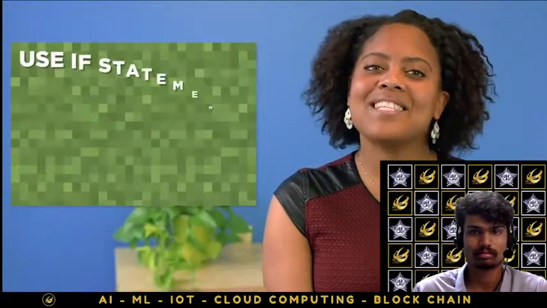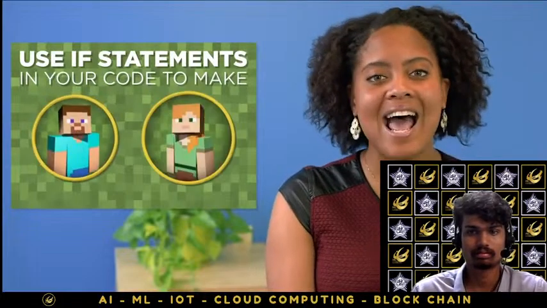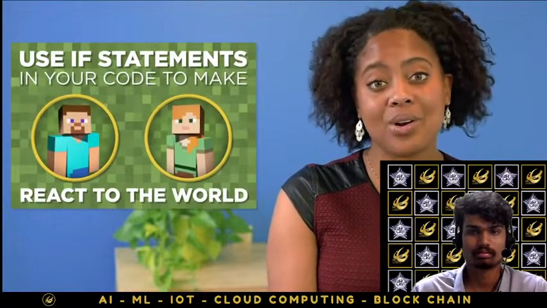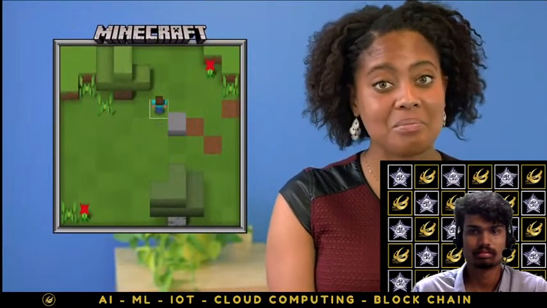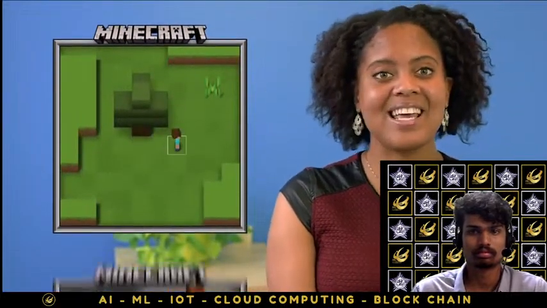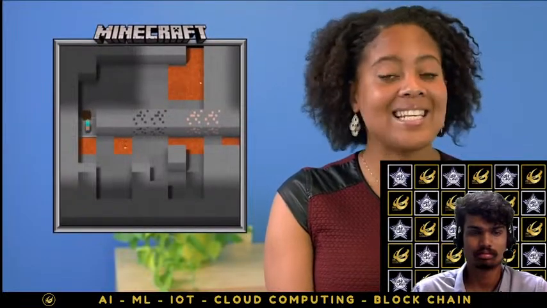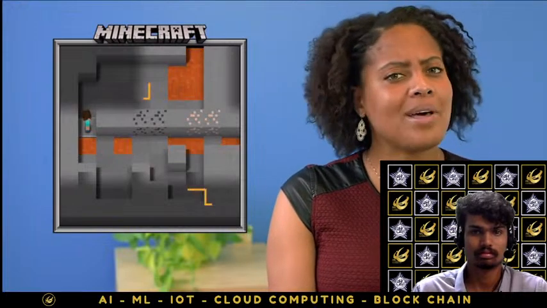You can use if statements in your code to make Steve and Alex react to what they see in the world. For example, if there is a rock in front of them, they can turn left, or turn right if they run into a tree. In this case, we don't want to fall in the lava. It's easy to plan for the lava. We can see it on the screen, but what about the lava we can't see under the stone?